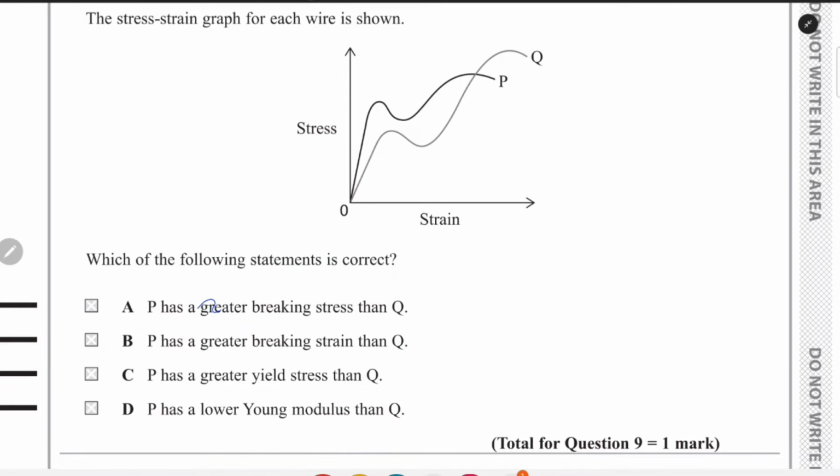The first statement says that P has a greater breaking stress than Q. However, if we see the graph, the breaking stress of P is lower than the breaking stress of Q. So this is Q and this is P. So this is incorrect.